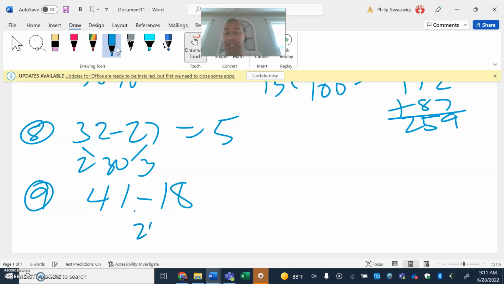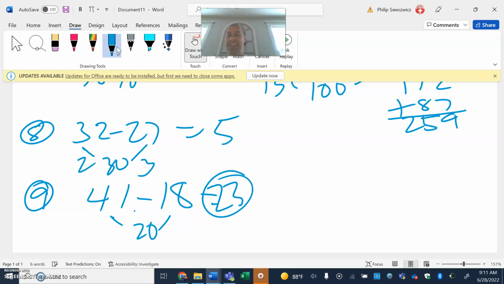But let's use 20. 2 away, 21 away. So altogether, 23 away. All right, that looks a little messy there. Let's take out those equal signs. There we go. Teachers like when you circle your answers or you box them in. Just a public service announcement right there.